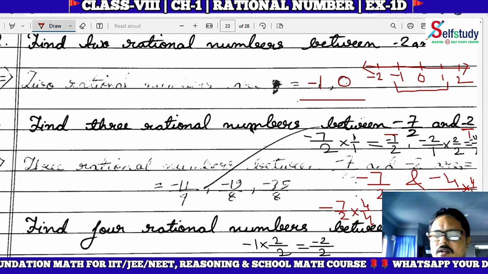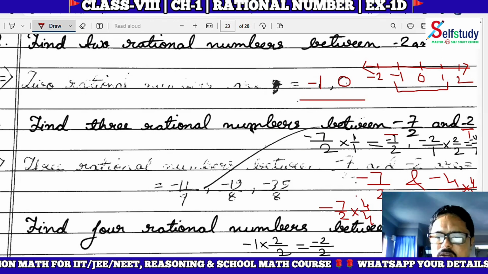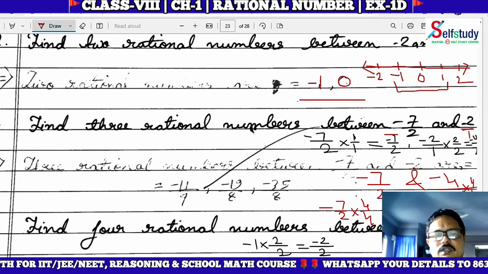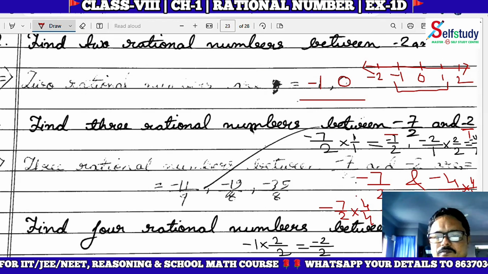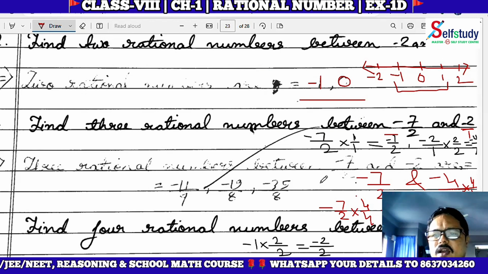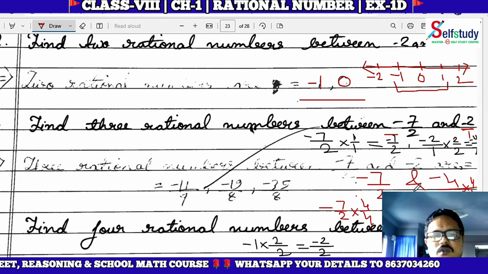Okay, and now you can write any three integers which come in between minus 28 and minus 16, and the denominator will be the same. So here it's written: three rational numbers between minus 7 by 2 and minus 2 are.